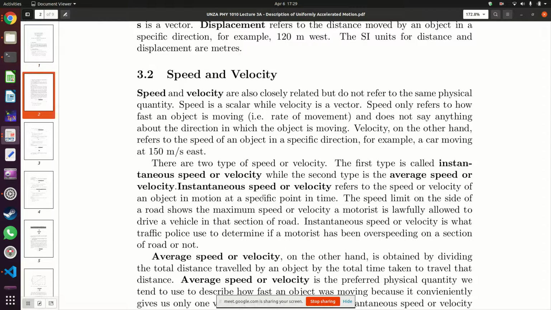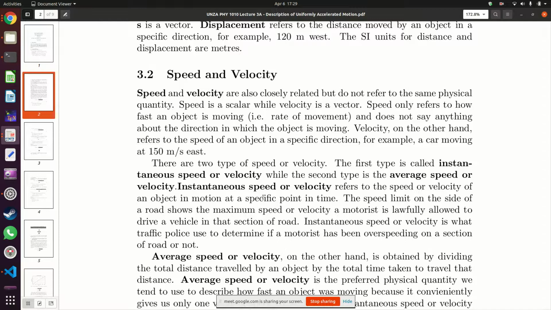When the police set up a speed trap, at the speed trap they catch you, they say you're driving above 60 kilometers per hour. It doesn't matter whether before then you're driving at 20 kilometers per hour or at 40 kilometers per hour. At that particular point when they catch you, your speed was above the speed limit.